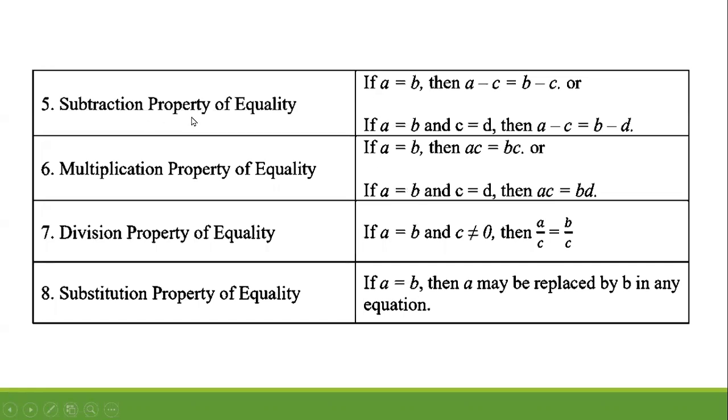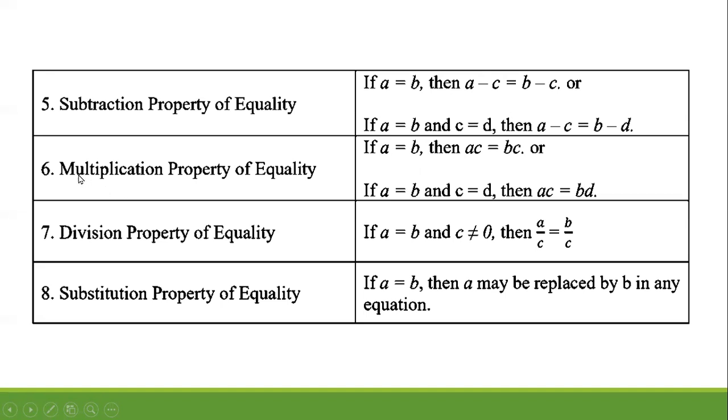Next, we have the subtraction property of equality. Kung sa addition property of equality, nag-add tayo. Dito ay magsa-subtract tayo. We have if A equals B, then A minus C equals B minus C. Or A equals B and C equals D, then A minus C is equal to B minus D. Kung ano yung minus natin or sinubtract natin kay left side, ganun din yung isa-subtract natin kay right side.